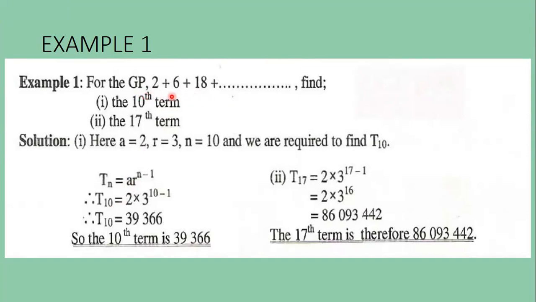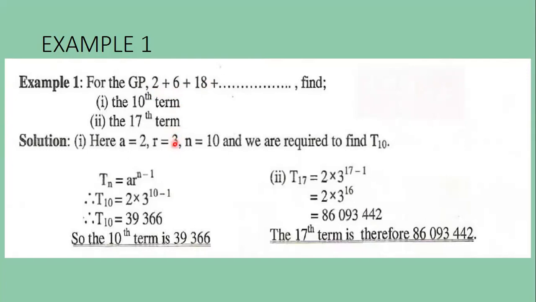You simply divide the way the terms follow one another. For example, here you divide 6 divided by 2. If you've chosen to use 6 and 18, then you divide 18 divided by 6. Then you're going to have your R there, which is 3.